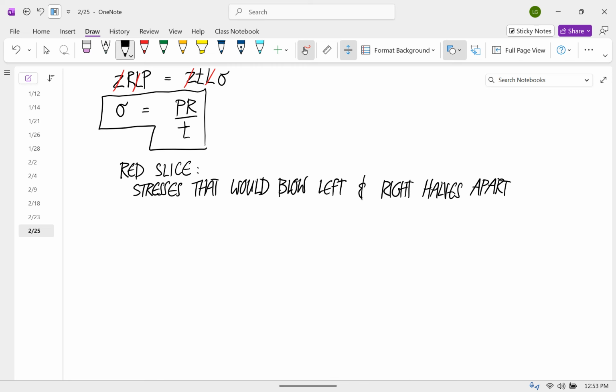To think about that, our free body is going to be like this, and the material we're omitting is over here.